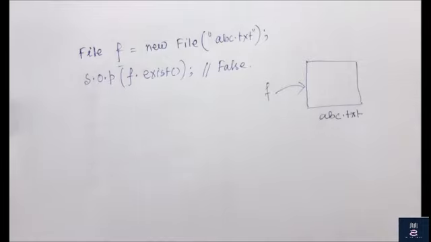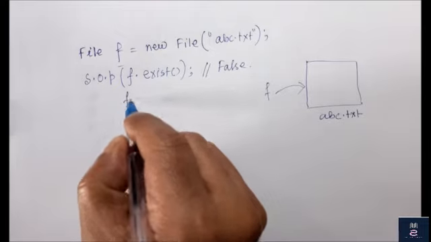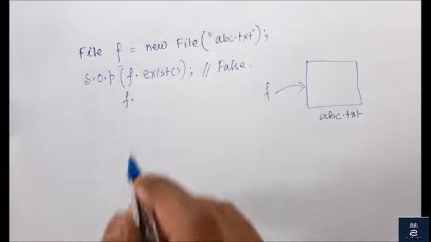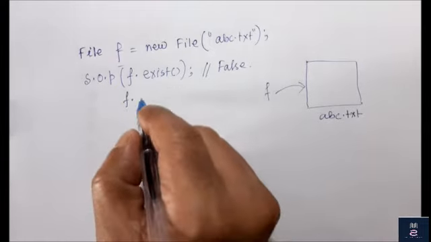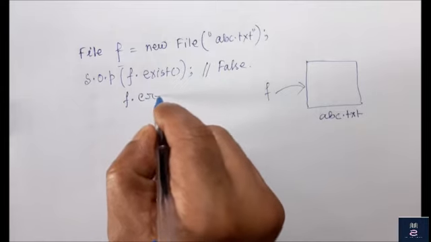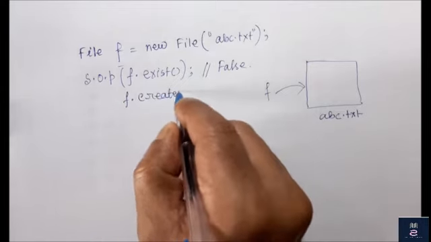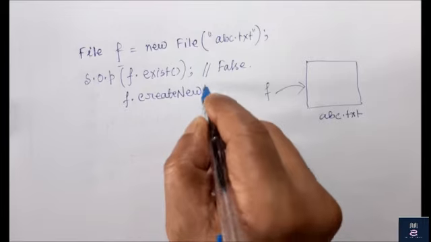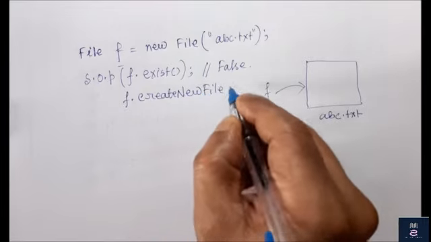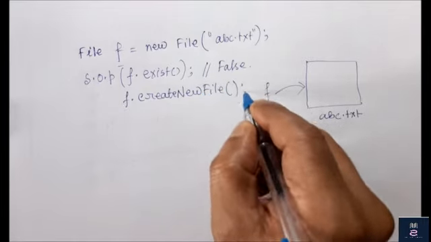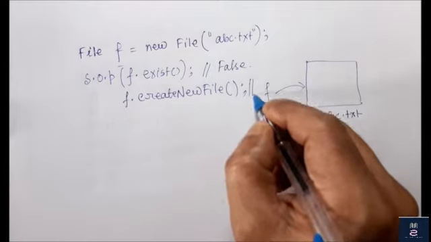So how do we create a file? We have another method associated with the File class, that is createNewFile. It actually creates a physical file.